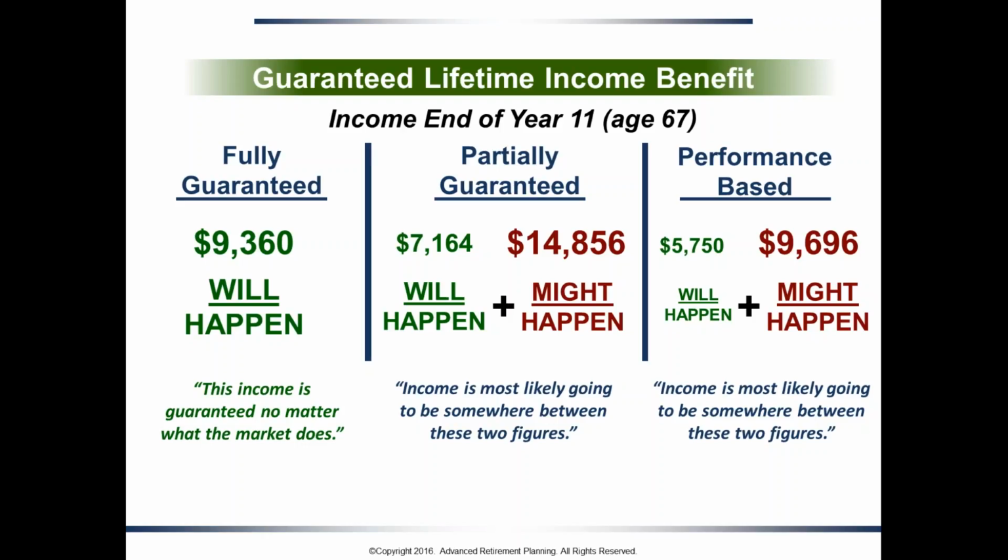So if he's got 20 years before he's going to retire, there's two things we want to be sure we do for him. First of all, if we've got 20 years, he's got enough time to where it's likely those projected performance-based numbers are likely to happen. And remember, the more time in the market, the greater likelihood it's going to happen.